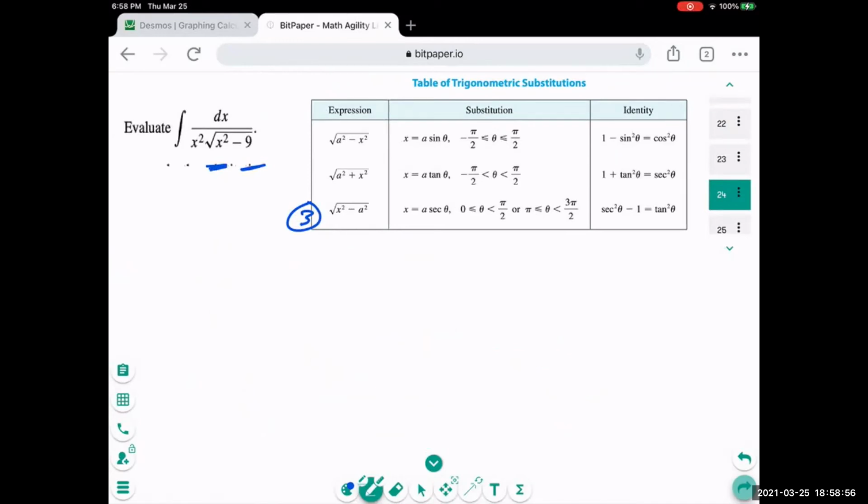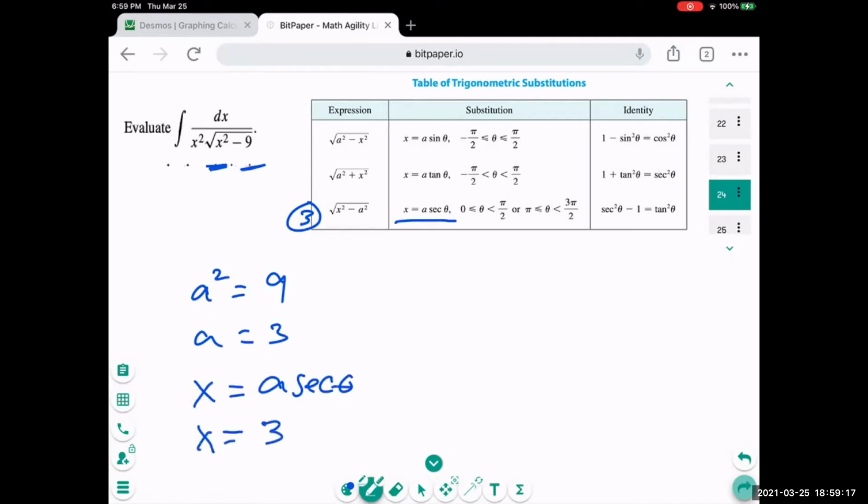So we will use the relationship x equals a secant theta. Definitely our a squared is 9, so a is 3. So if x is a secant theta, this will be 3 secant of theta. And then what's the derivative of this?